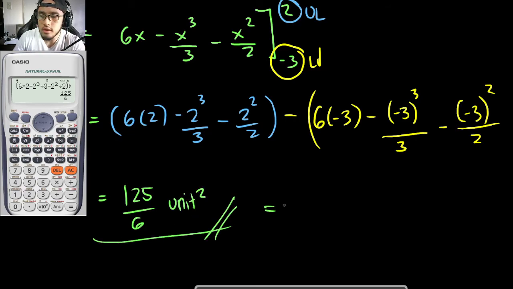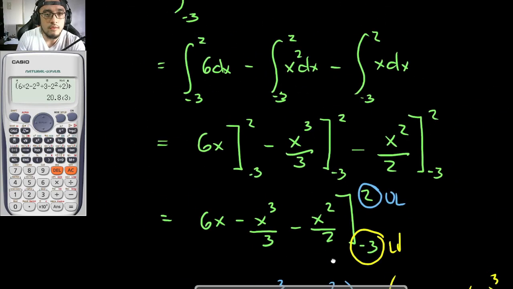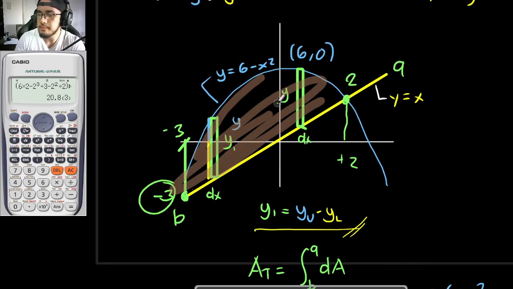Or, if you want your answer in decimal form, your answer is equal to 20.83 unit squared. So this is the area of this whole area right here. So there.